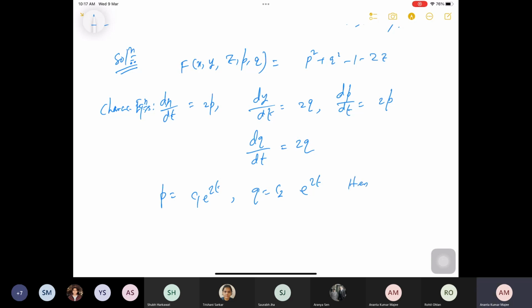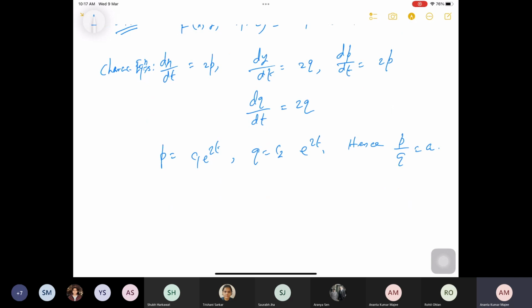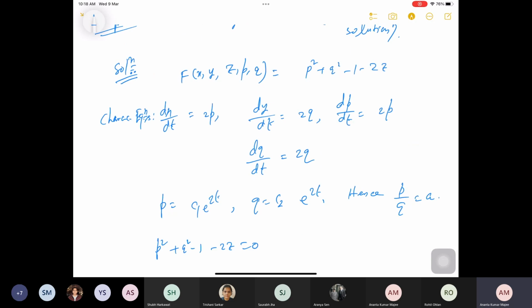Because I have c1 by c2, so this is a. So now from the equation, p squared plus q squared minus 1 minus 2z is equal to 0. This is your given equation because f of x, y, z, p, q is equal to 0.